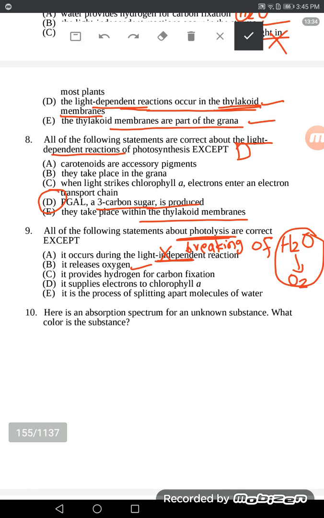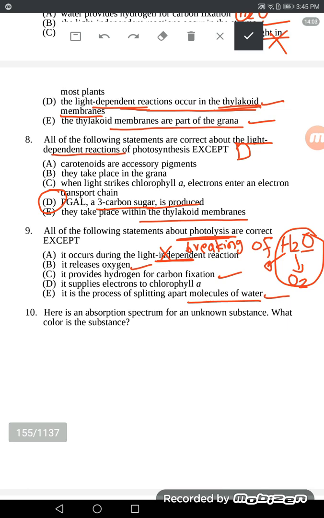Yes, the oxygen will be released and the hydrogen will be used for the carbon fixation process. It supplies electrons to chlorophyll A. Yes, the electrons will be moved through the electron transport chain. It is the process of splitting apart molecules of water, as I mentioned just now.